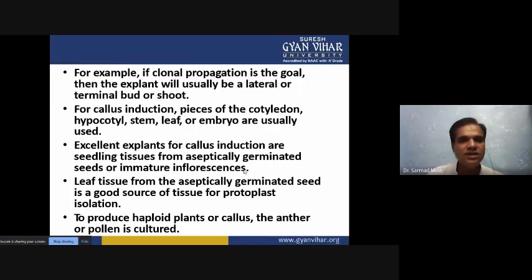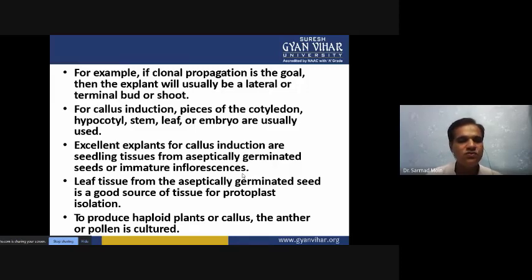If you are doing callus induction, then you can choose the cotyledon, hypocotyl, stem, leaf, or embryo. They are very common portions which you can utilize for the in vitro production of callus. Plants for callus induction are seedling tissues from aseptically germinated seeds or immature inflorescence.